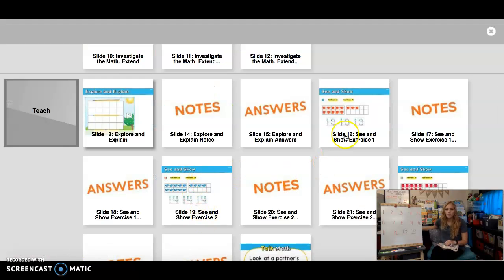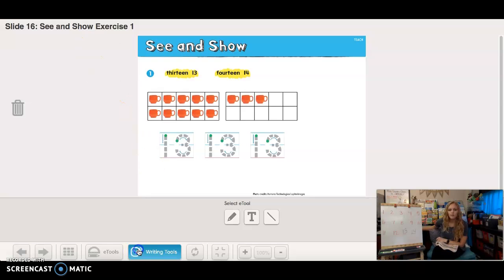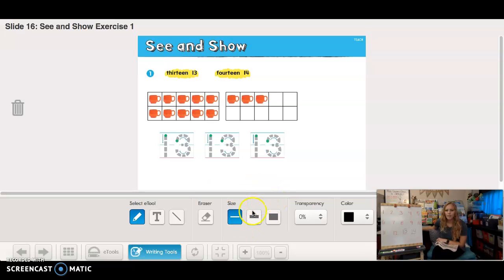All right, turn your page, and we've got some mugs and some 10 frames. What we're going to do is count the objects and then trace the number, okay? Remember, Miss Goen likes to cross them off as I count because we count one thing at a time. You can count with your finger or cross off like me.